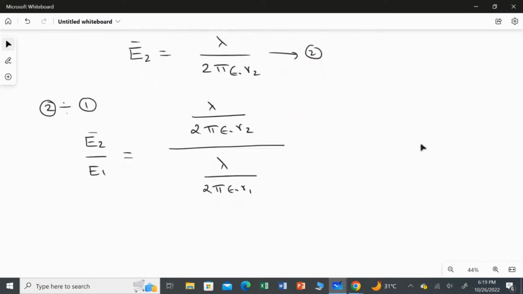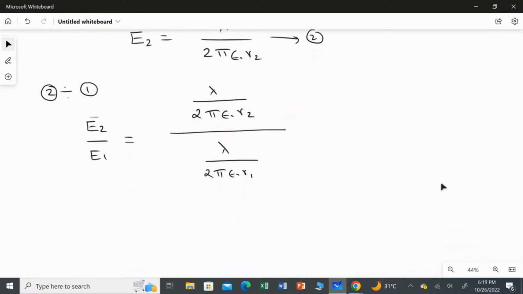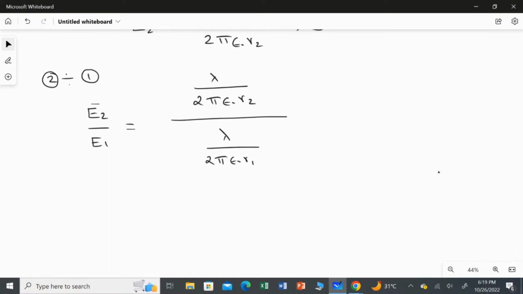Now I'm going to rearrange this equation. If you rearrange, E2 over E1 is equal to lambda over 2 pi epsilon naught R2 multiplied by this, which will go to the numerator, right?